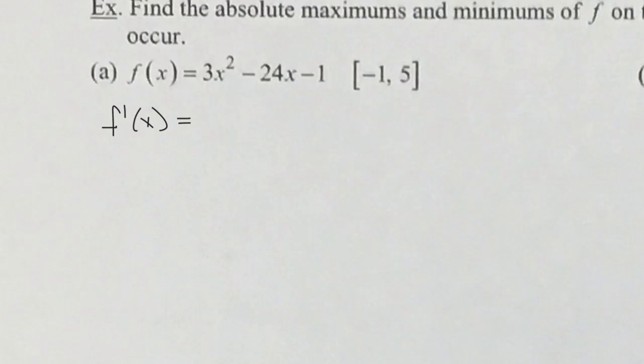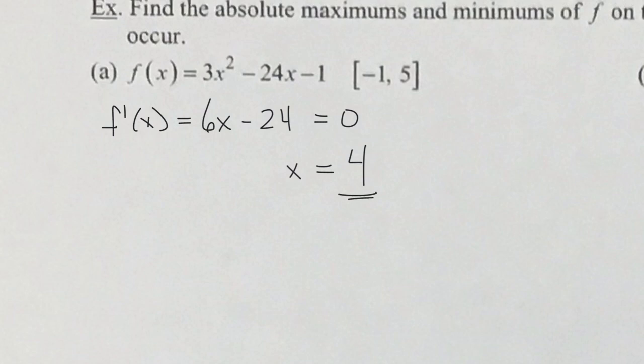Those ones do not have all real domains, but a polynomial does. So we take that derivative and we set it equal to 0. So 6x minus 24 equals 0. That means my critical value is going to be 4. So that's one of your critical values.